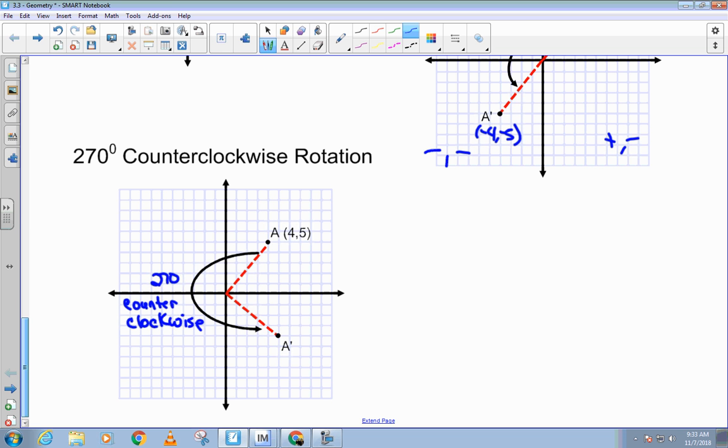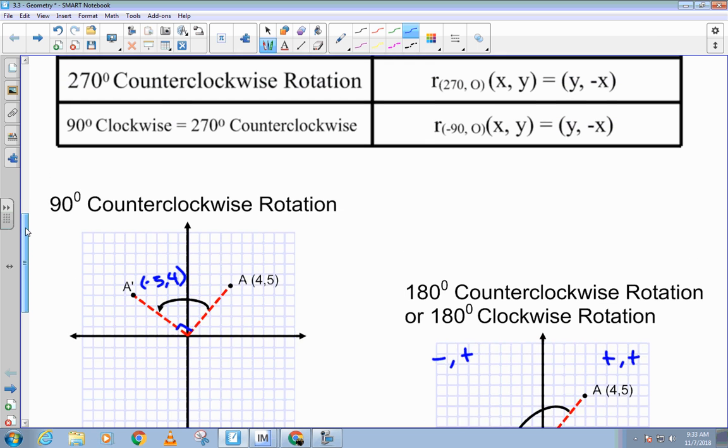This is 90, 180, 270. This is the same as going 90 clockwise. It's the same thing: 270 counterclockwise and 90 clockwise.